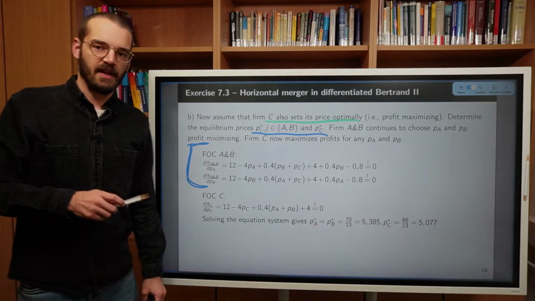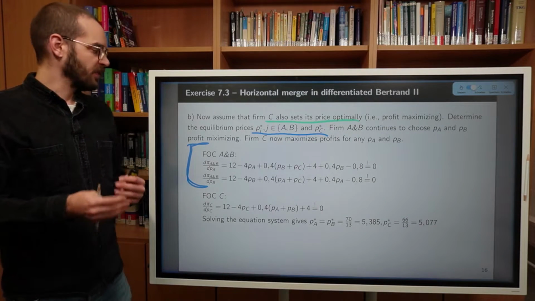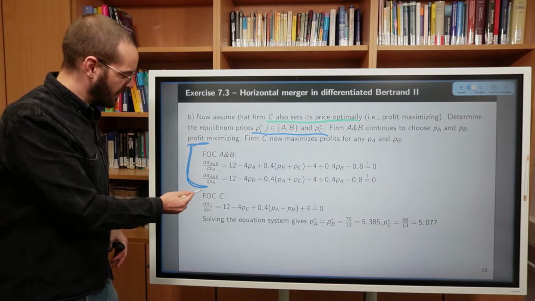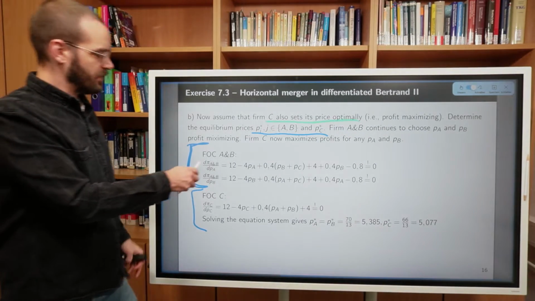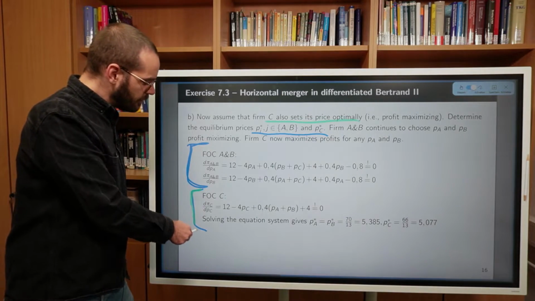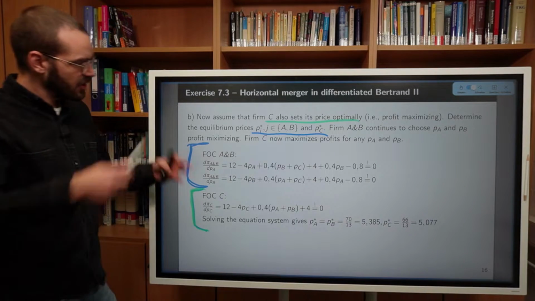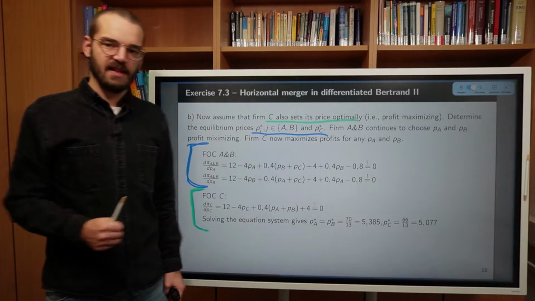The different part, or the additional part that is provided by this task specifically, is the lower part of the slide, right? Because this now yields from this additional assumption that firm C also sets their price.